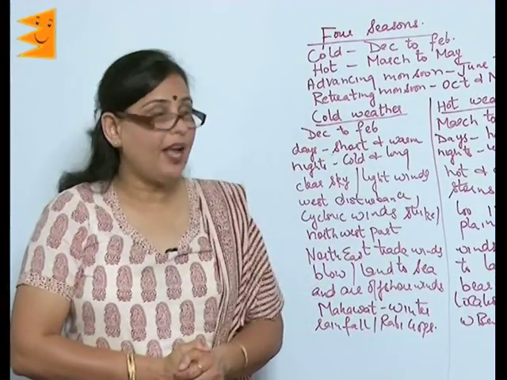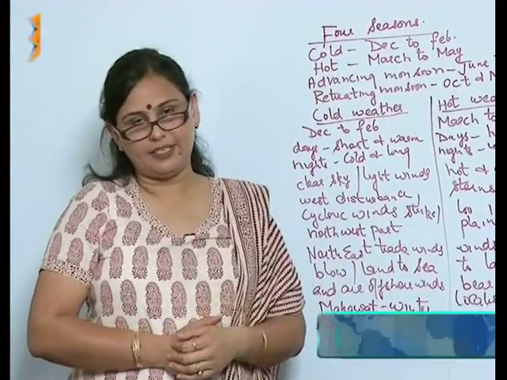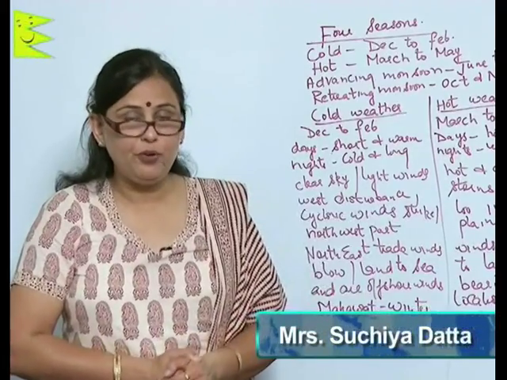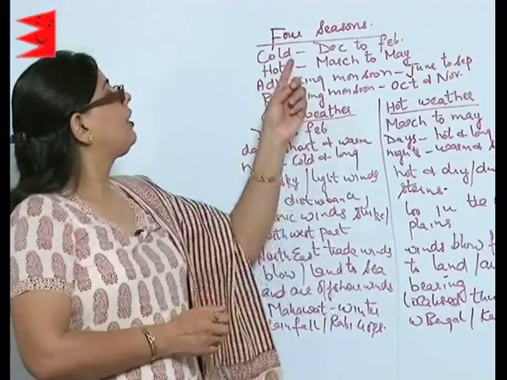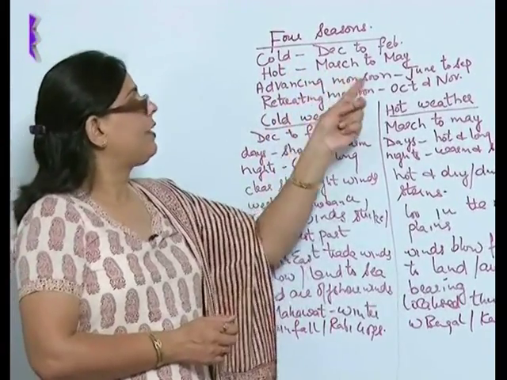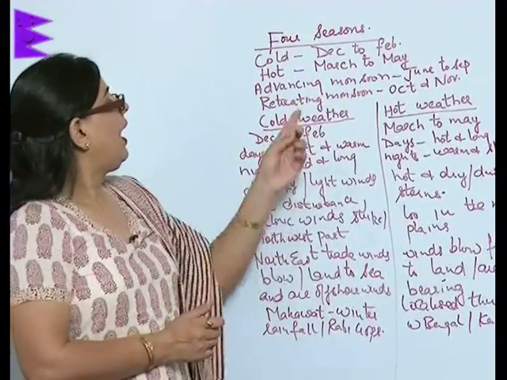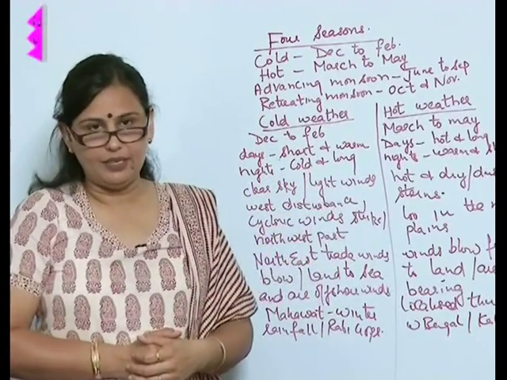Well, India has 4 seasons and I am sure most of you are already aware of them. They are the cold season, the hot season, the advancing monsoon season and the retreating monsoon season.